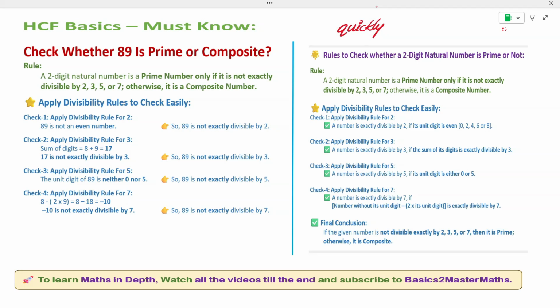Today, we will see how to check whether a two-digit natural number is prime or not quickly. The rule is: a two-digit natural number is a prime number only if it is not exactly divisible by 2 or 3 or 5 or 7.